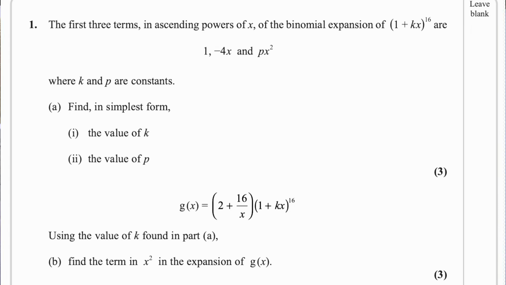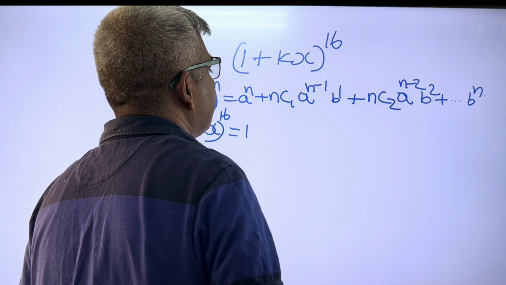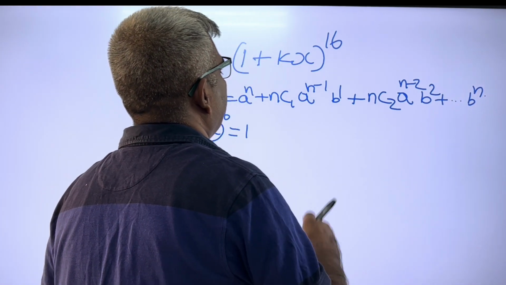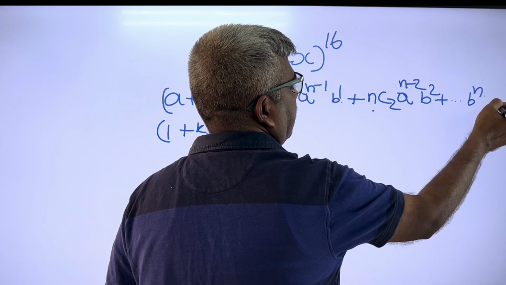Okay. What is the binomial expansion formula? (a plus b) to the power n is a to the power n, plus nC1 a to the power n minus 1 b to the power 1, plus nC2 a to the power n minus 2 b squared, and so on.